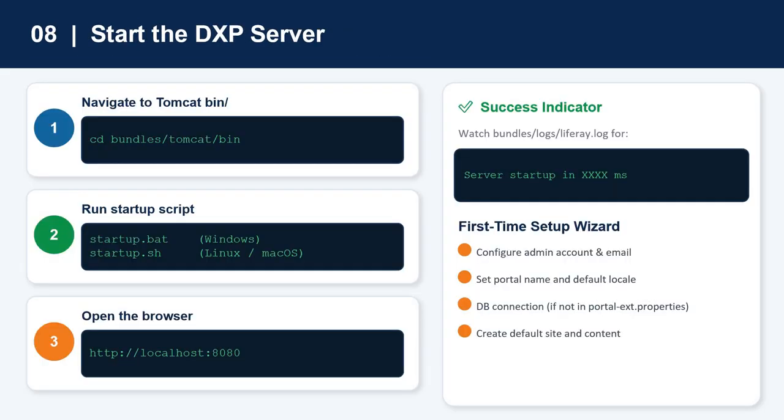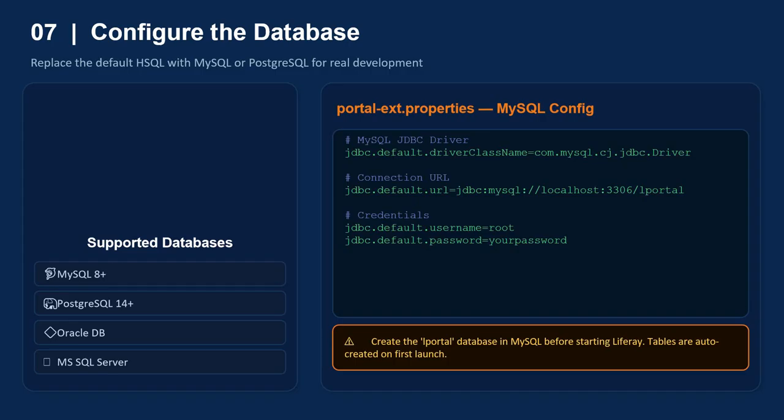Okay, now next point here guys: how you can connect Liferay with any external DB. Here you can see I have defined 5 properties on the right side, and you need to define them inside the portal-ext.properties file.